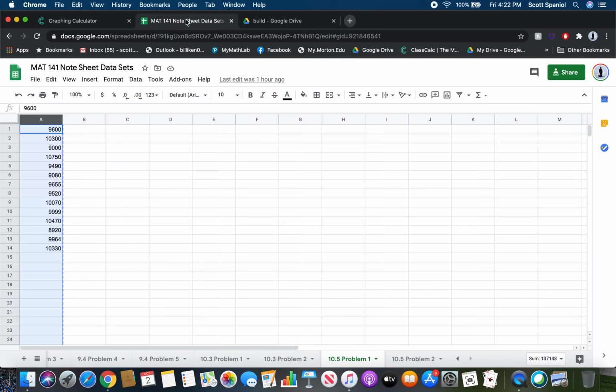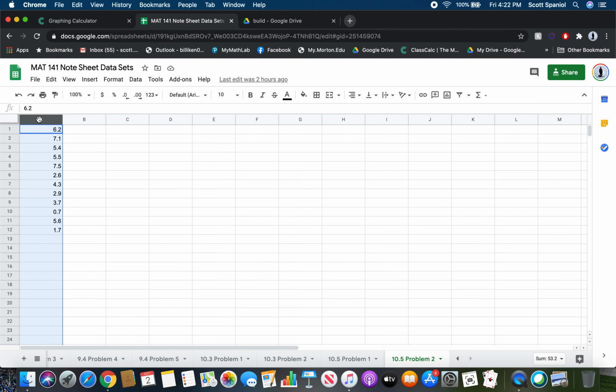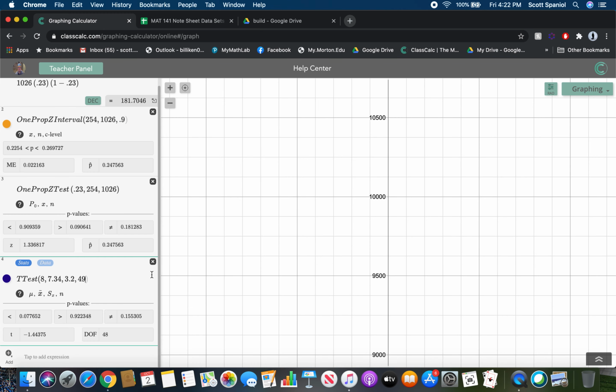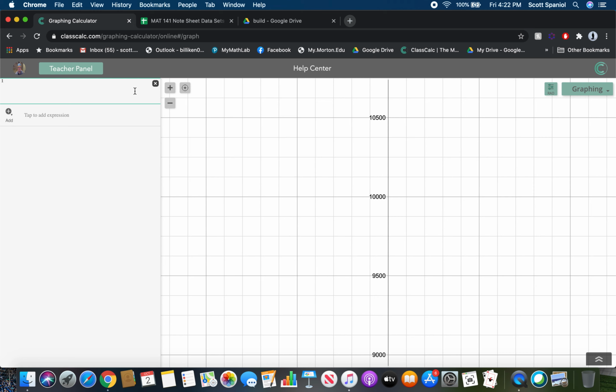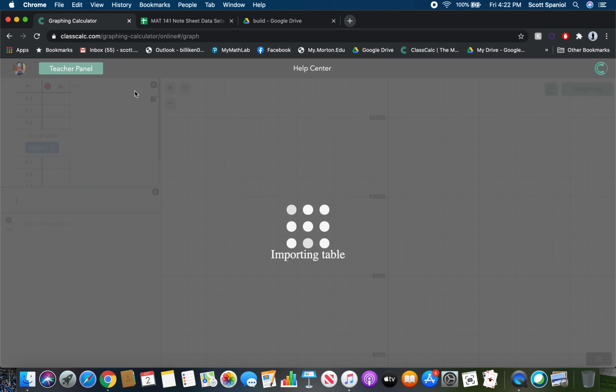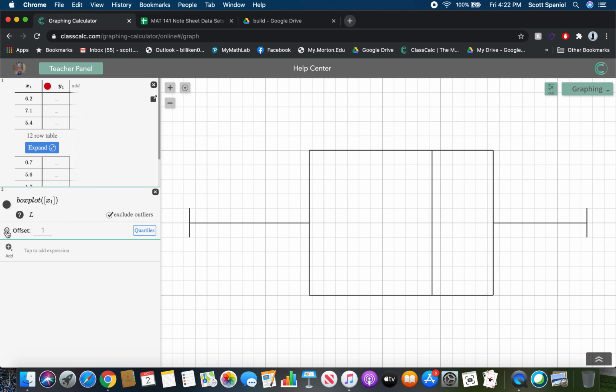So we can go into our data set, and we'll copy and paste this into ClassCalc. Then we can do a box plot. X of 1. And we want to exclude outliers and zoom in on that.